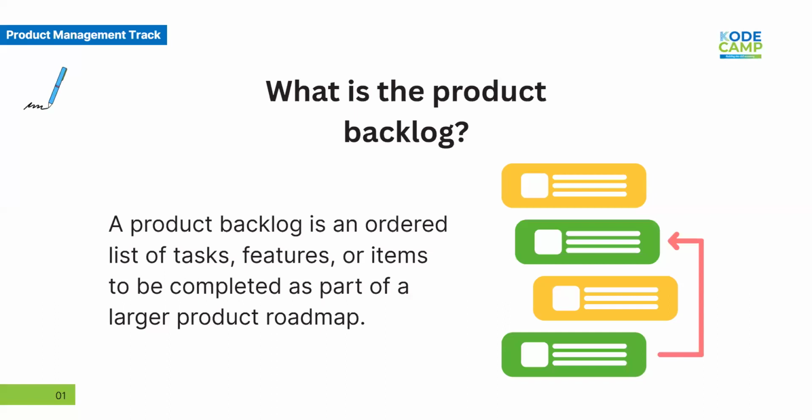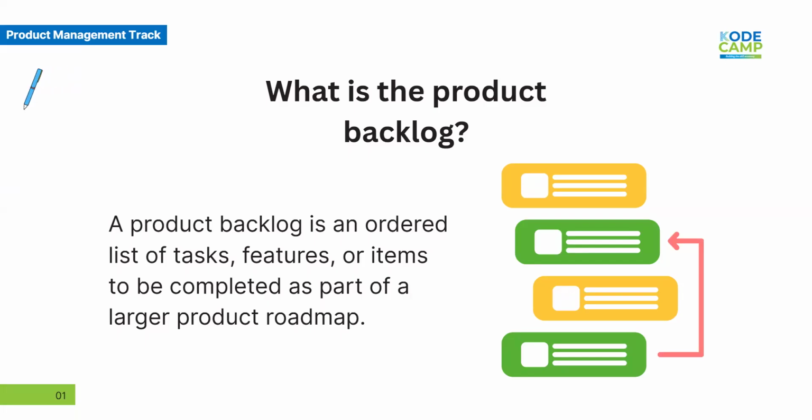Now, here is what I don't want you to think. I don't want you to think the backlog is something you need a special tool to understand. I'm not talking about Jira, ClickUp, or Trello right now. I'm not talking about tools. Those are just places where the backlog lives. But if you don't understand what the backlog is, the tool is not going to be helpful or useful to you. Right now, I want you to focus on the why behind the backlog.